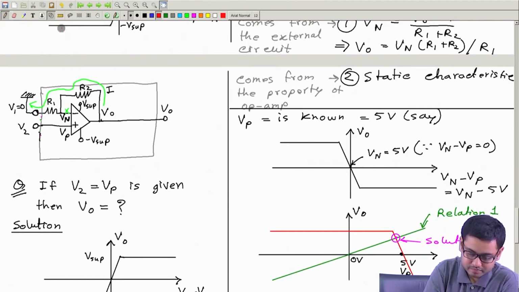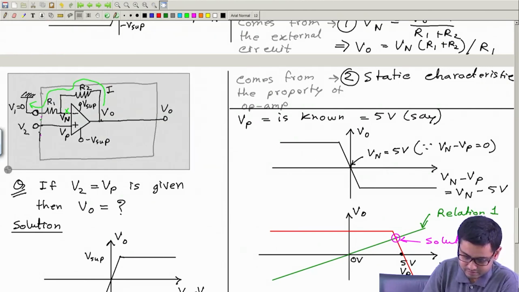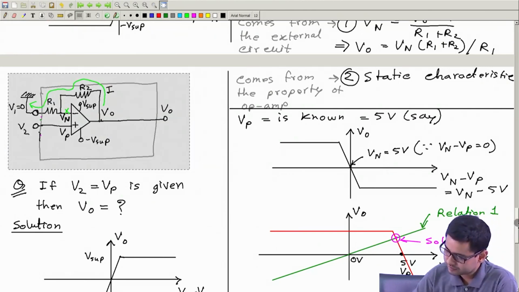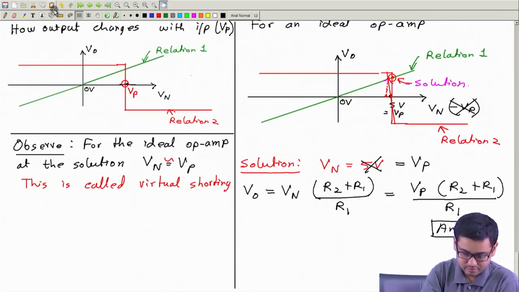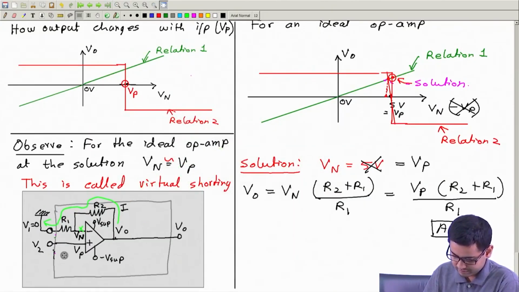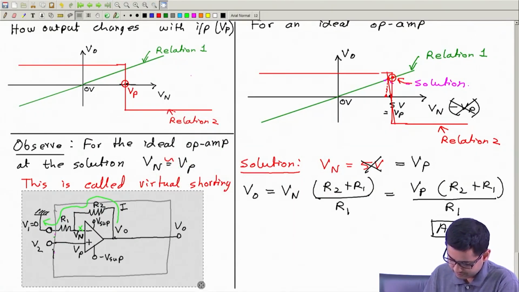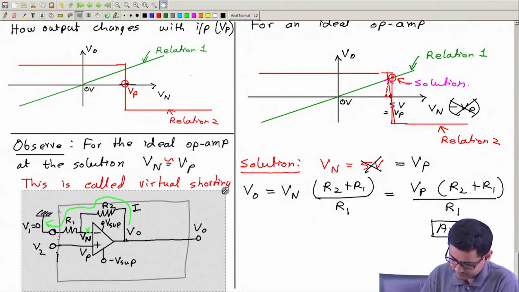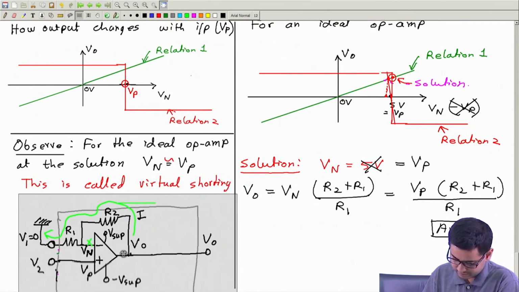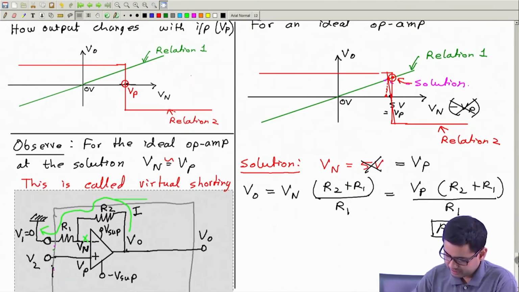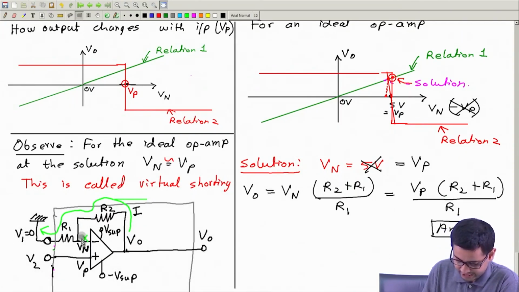Let me zoom in and tell you once again that there is no current here, so no current at all here, or do not think that there is some current flowing like this from here to here or here to here.